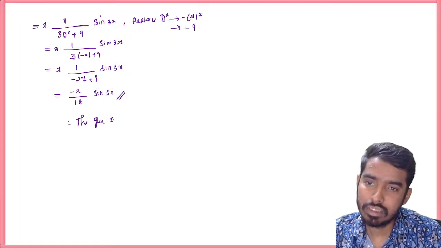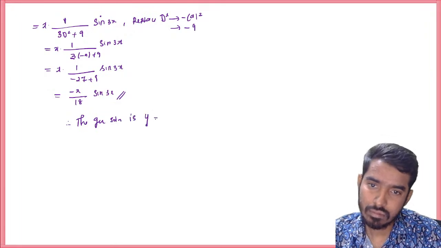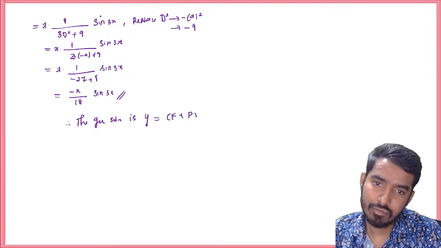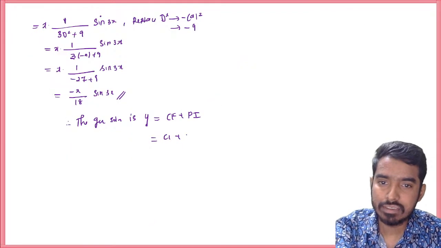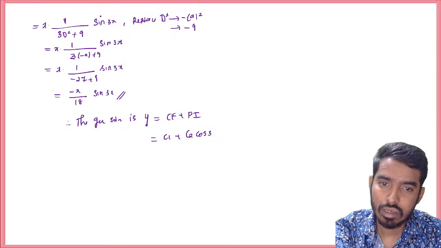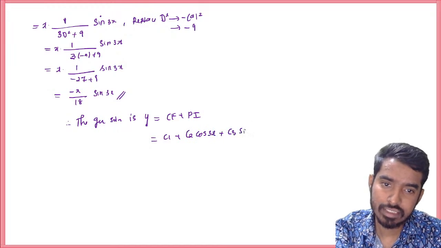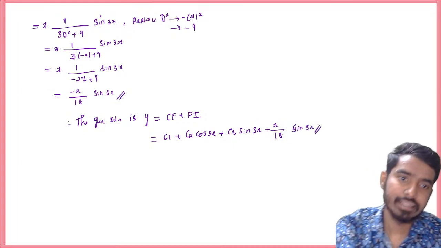Therefore, the general solution is y equal to CF plus PI. So CF is C1 plus C2 cos 3x plus C3 sin 3x, minus x by 18 sin 3x, right?